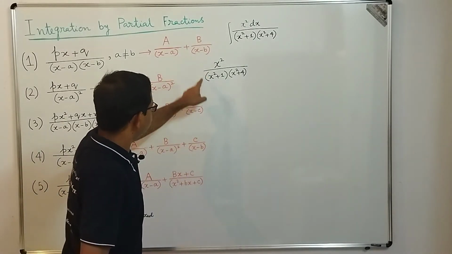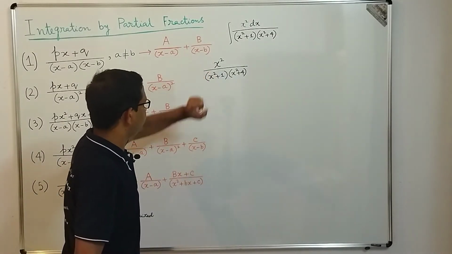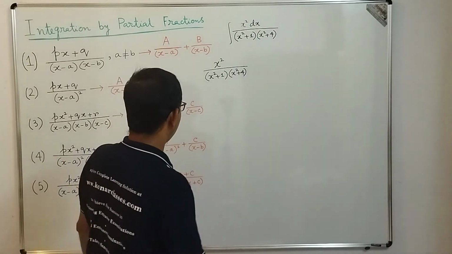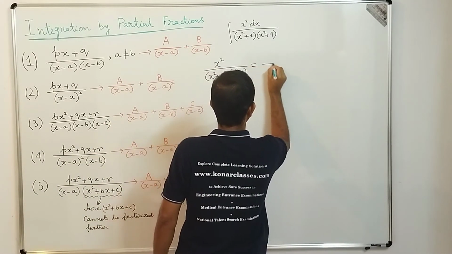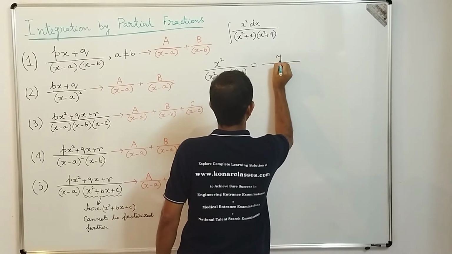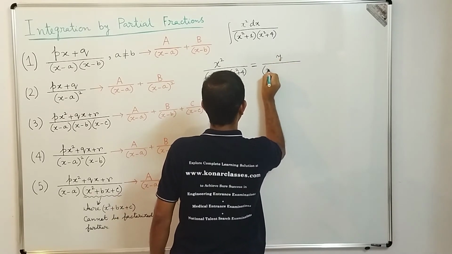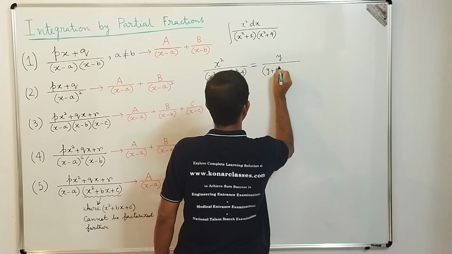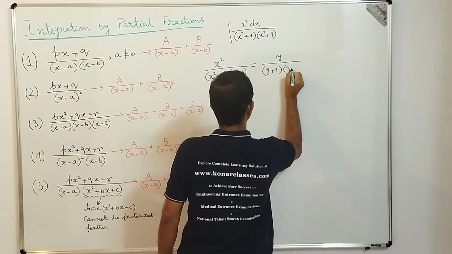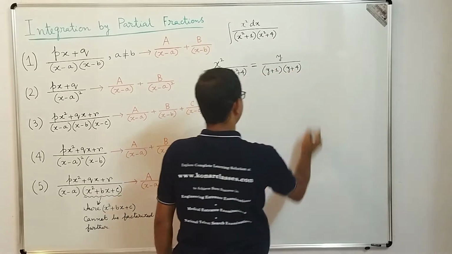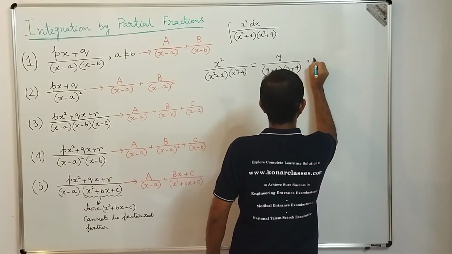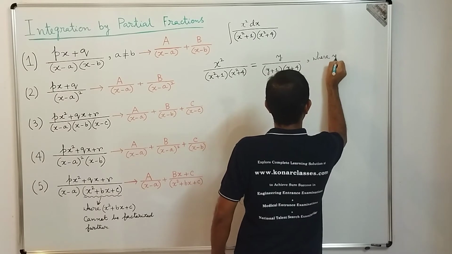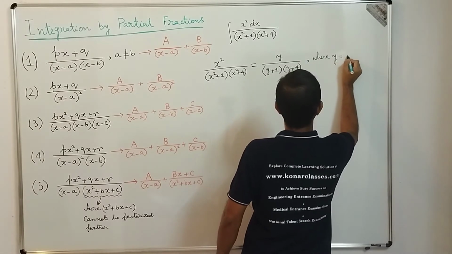We see that x square is there in both the numerator and denominator. So we can write this as, if we replace that x square by y, y divided by y plus 1 into y plus 4, correct or not? Where y is equal to x square.